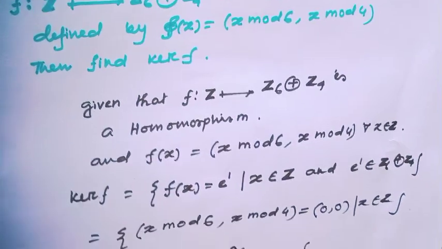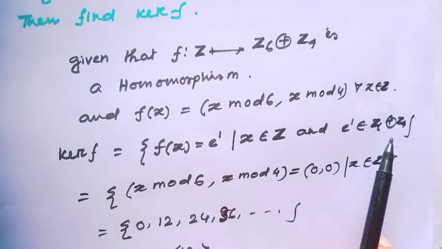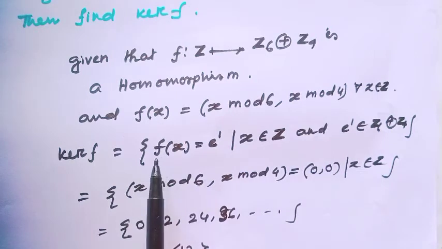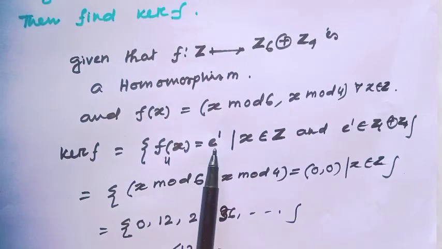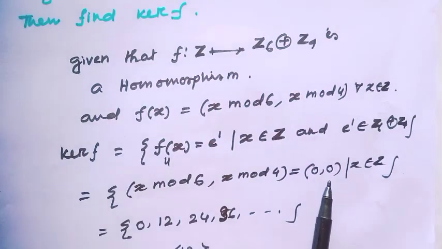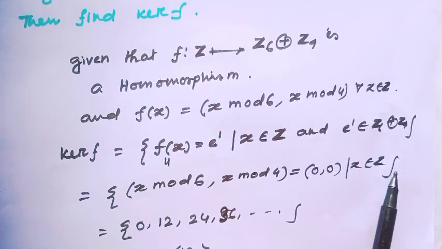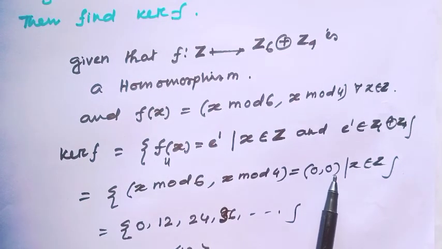Then the kernel of f equals the set of x such that f of x equals e dash, where x is a member of Z and e dash is a member of the codomain Z6 direct product Z4. Here f of x is x mod 6, x mod 4, and e dash is 0 comma 0, for x a member of Z. If you put 0, then this would be 0 comma 0.